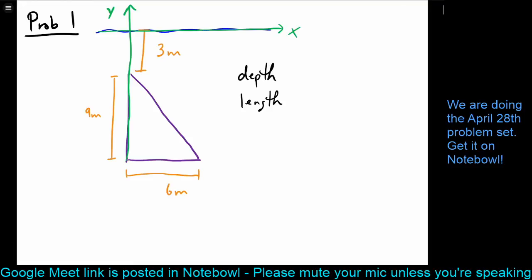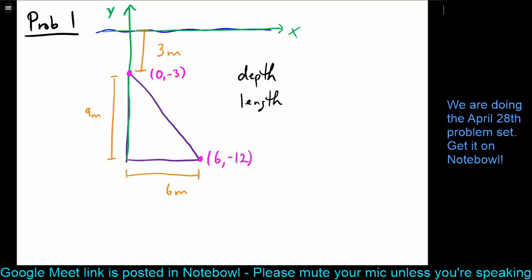So this corner right here is at the point (0, -3). This point right here is at the point (6, -12), because the bottom of this triangle is 12 meters deep.